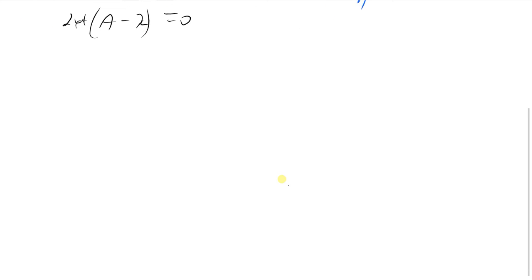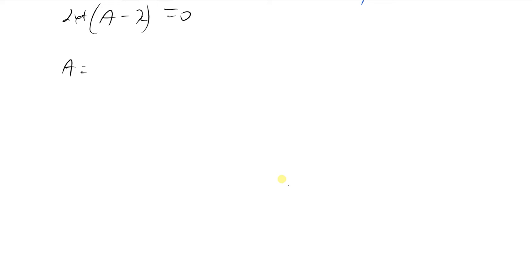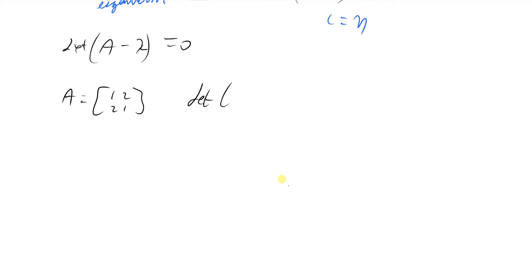So for my example, I'll just pull it up again. A is [1, 2; 2, 1]. We can't just subtract lambda from A, because lambda is a scalar and A is a matrix. So in order to do that, we're going to have A minus lambda I, where I is an appropriately sized identity matrix.